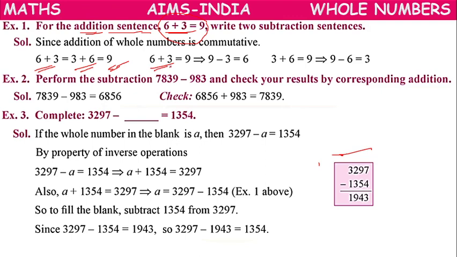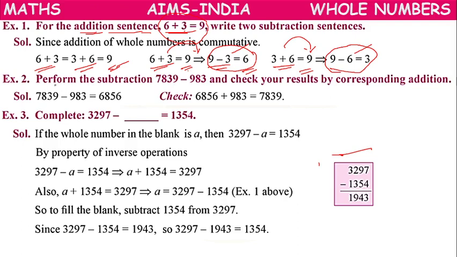If we take 6 plus 3 equals 9, if 3 comes this side, 9 minus 3 equals 6 we can write. This is the first subtraction sentence. Or if you have 3 plus 6 equals 9, if 6 comes this side, how can you write? 9 minus 6 equals 3. So for one addition, you can write two subtraction sentences.